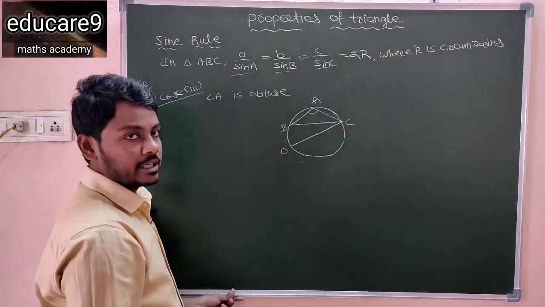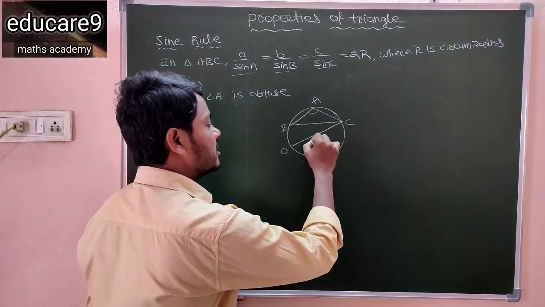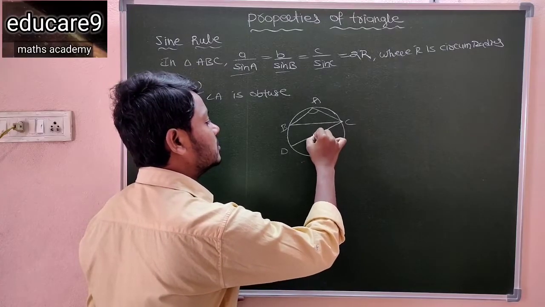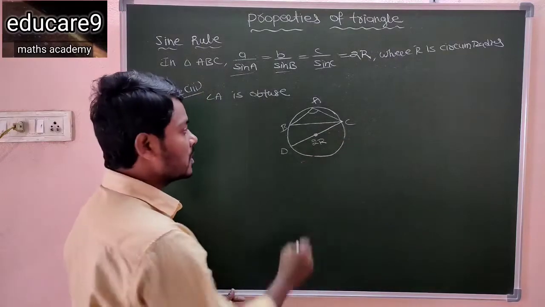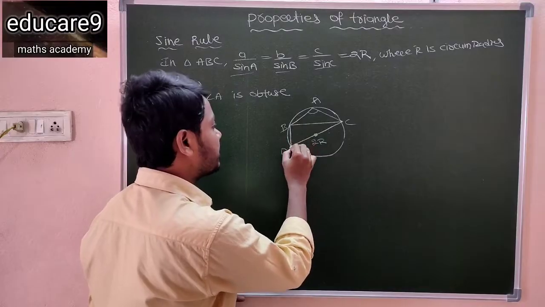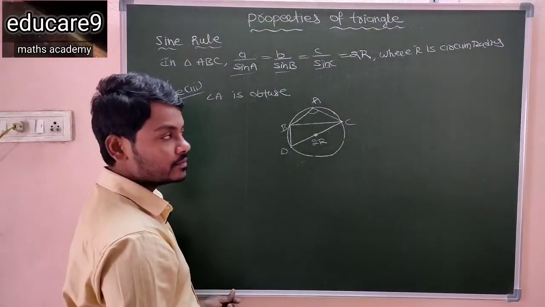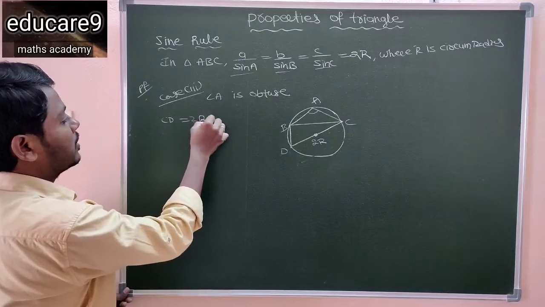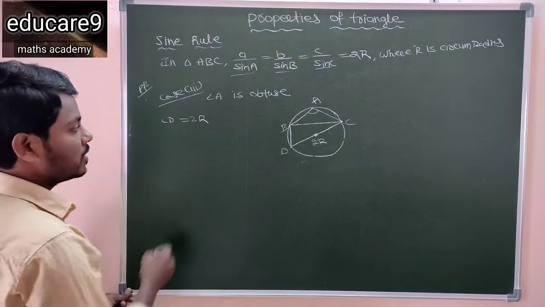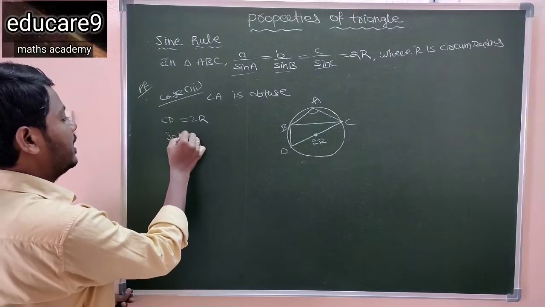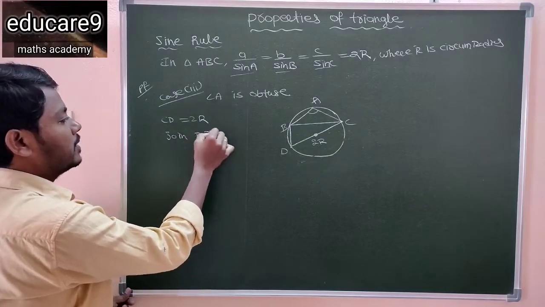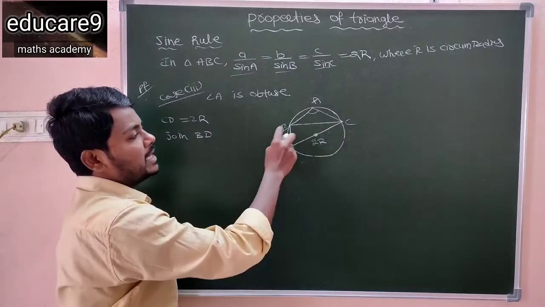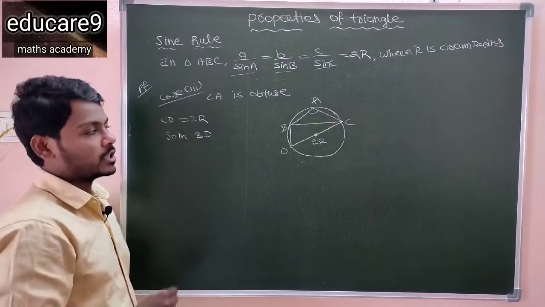Clearly this is the diameter of the circle, suppose CD. So this is 2R, and this is the center of the circle. Join BD. CD is equal to 2R. Therefore ABCD is a cyclic quadrilateral.